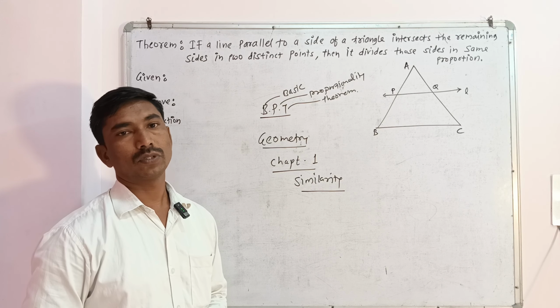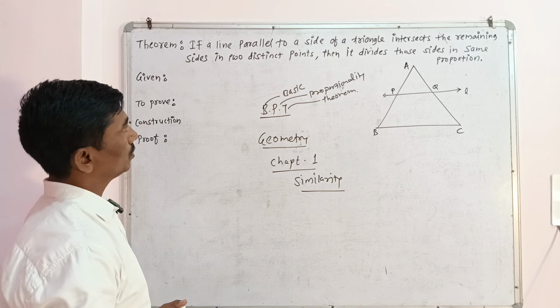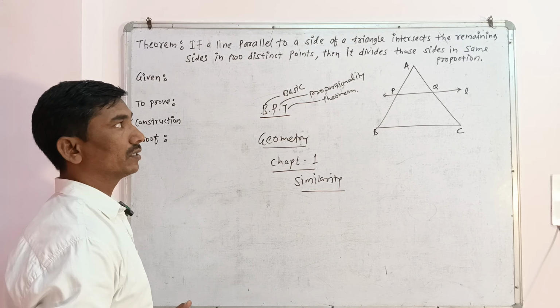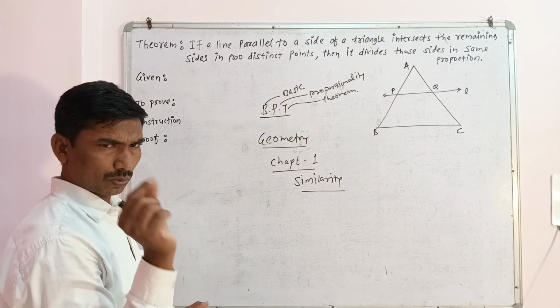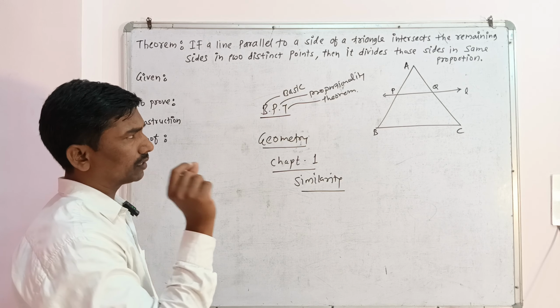So what the statement is saying: if a line is parallel to a side of a triangle, intersects the remaining sides in two distinct points, then it divides those sides in the same proportion. I have made a little bit of changes in the sentence, so there is a little difference in the wording of the statement.